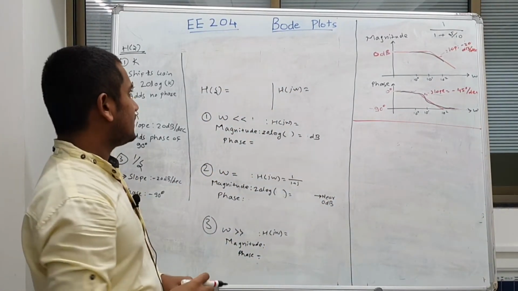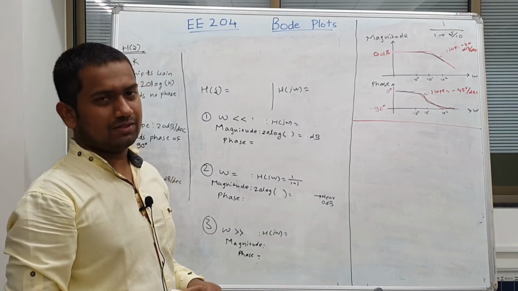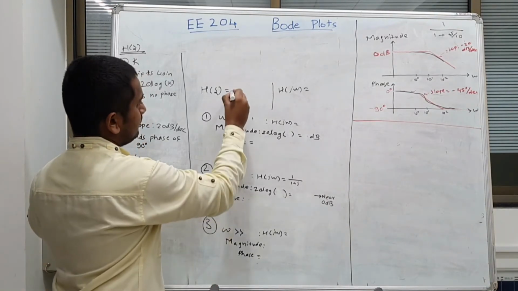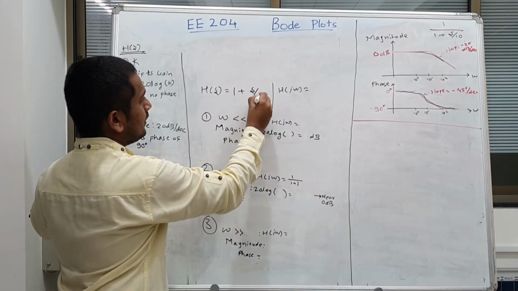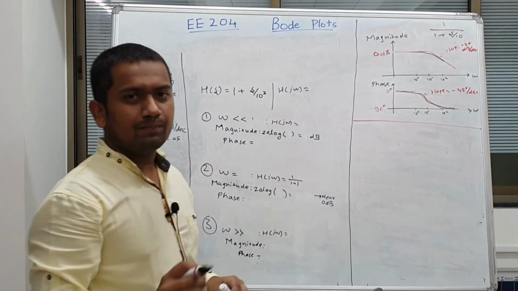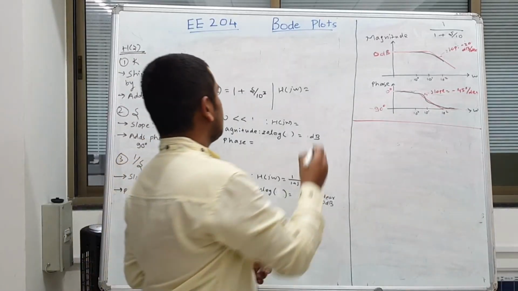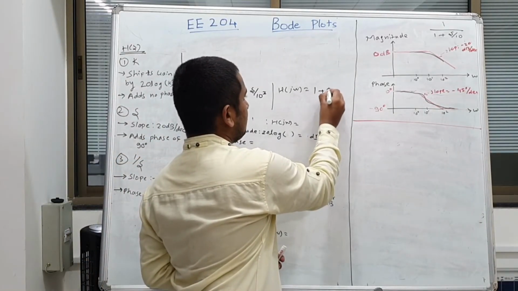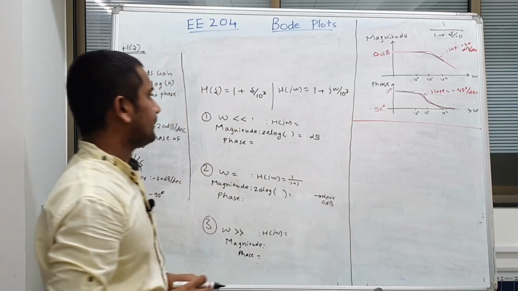Now look at a transfer function which has a zero at a certain frequency. Let H(s) be equal to 1 + s/10^3. The first step that we do is replace s by jω. H(jω) will become 1 + jω/10^3.